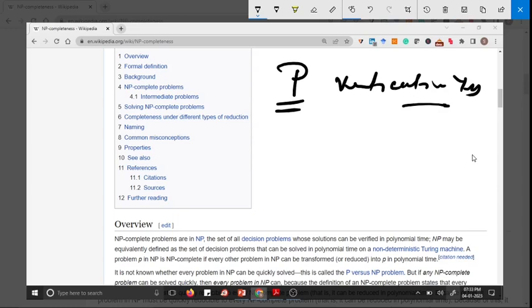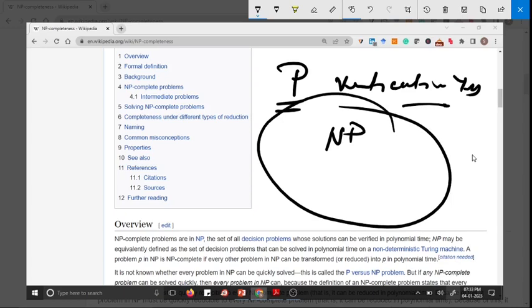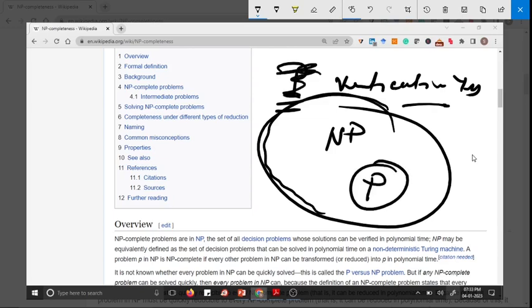So P is an easy problem, but then NP is another, bigger set. What I am trying to say, don't try to visualize this in terms of sets. So you cannot say that P is here, NP is a bigger set, so P is a smaller set. This is the problem. Nobody knows whether P should be inside NP or P should be not equal to NP.